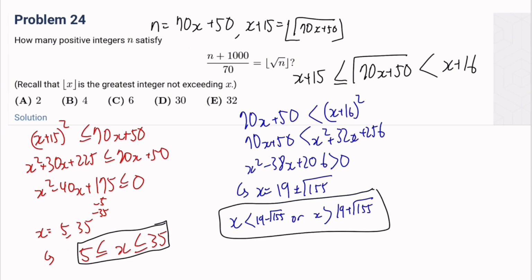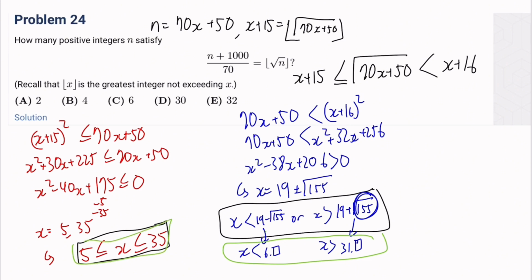And if we calculate root 155, that's between 12 and 13. So this is going to be about 6 point something, and this is going to be about 31 point something. So x is less than 6 point something, or x is greater than 31 point something. So this we have as one condition, and this we have as the other condition.